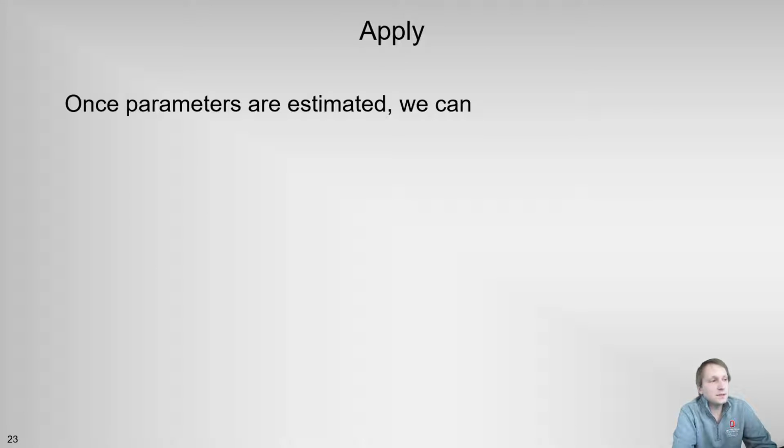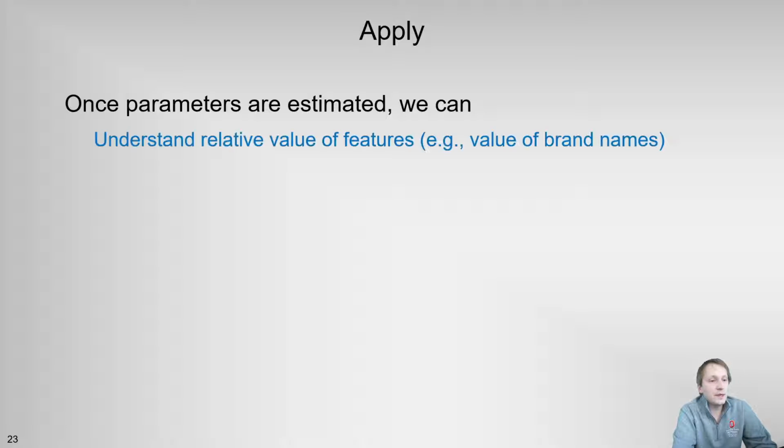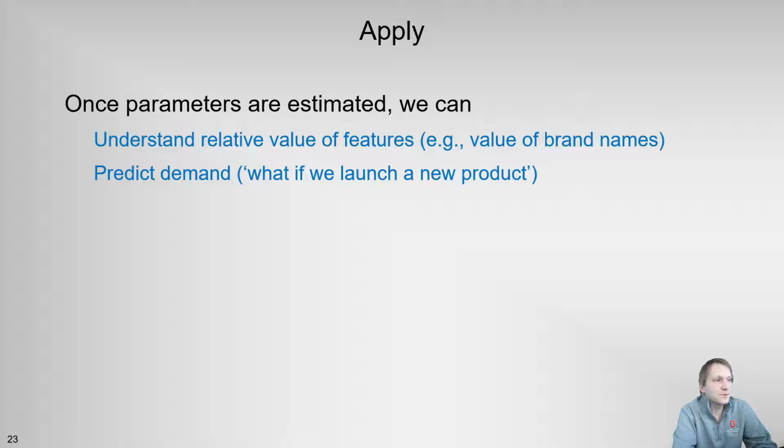So once we've estimated the model, we can then understand the relative value of different features. So for instance, the value of different brand names. Then we can use that to predict demand. So what if you launch a new product? So if our brand X launches a new product that combines this type of chocolate with this type of nut and fruit. And then we can see, okay, how much share of choice do we get?